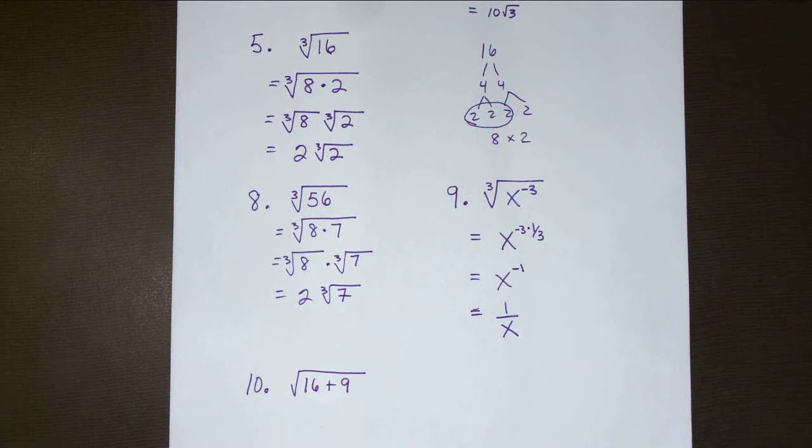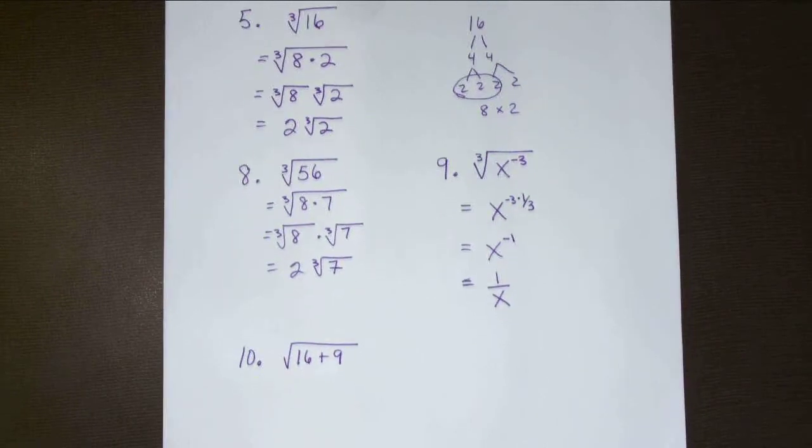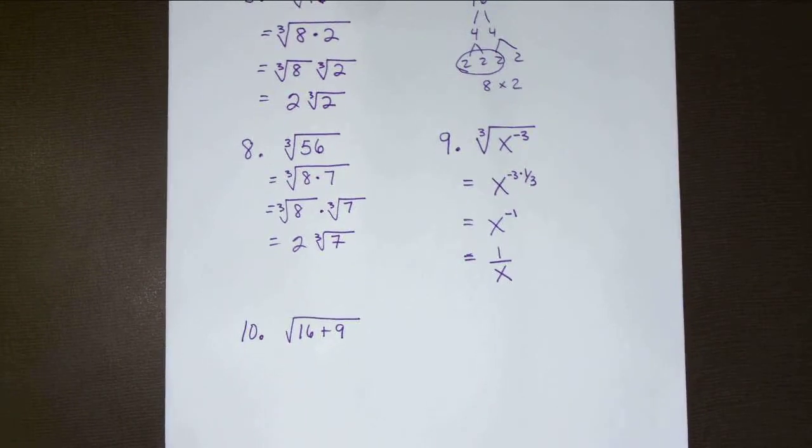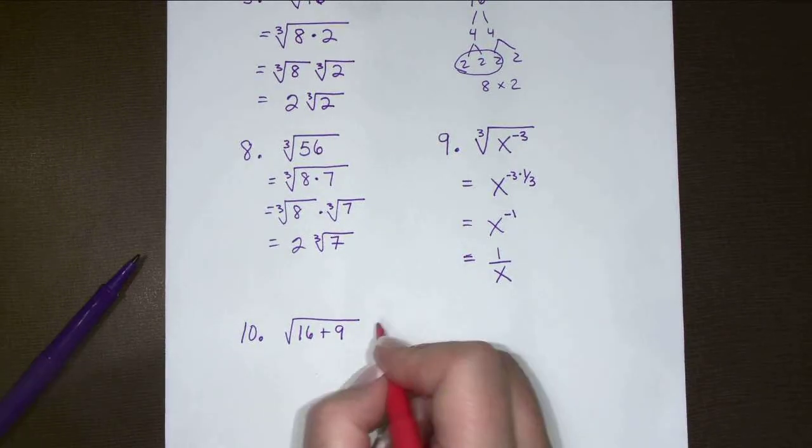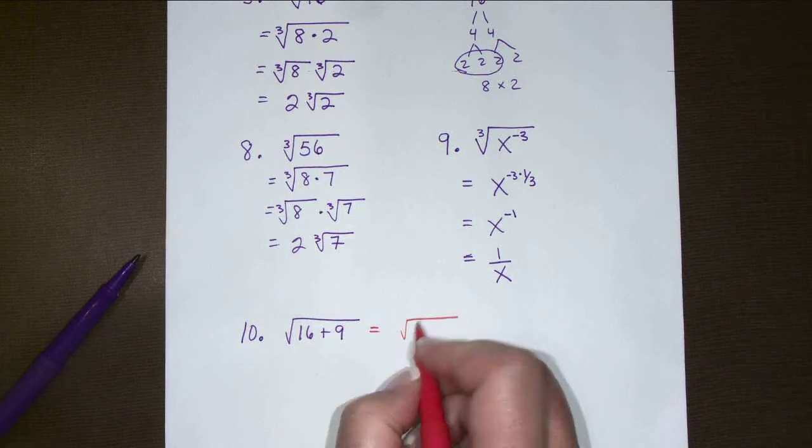Look at this one. Now, I'm actually hoping you'll all do the right thing here, that you won't make a mistake. What's the answer to this, just as a single number? 5. (16 plus 9)?